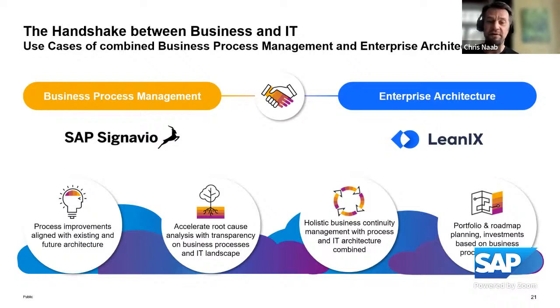So particularly if those processes are critical to an enterprise mission and carry risk and go across applications, which they typically do. Number 3, it's all about holistic business continuity management. Continuity management with process and IT architecture combined.